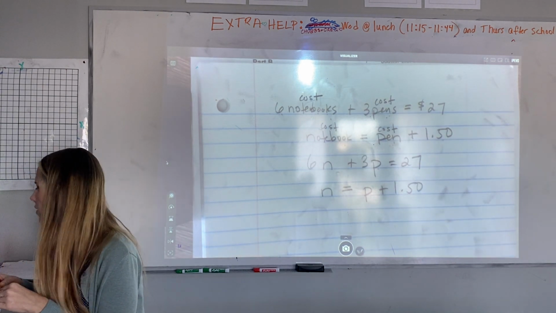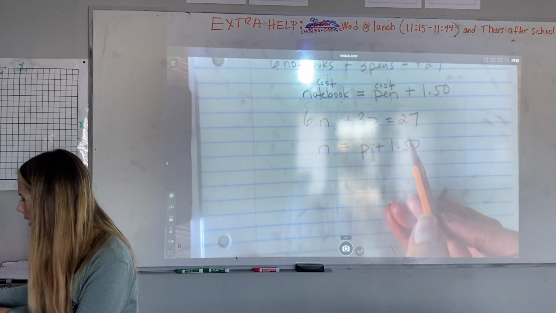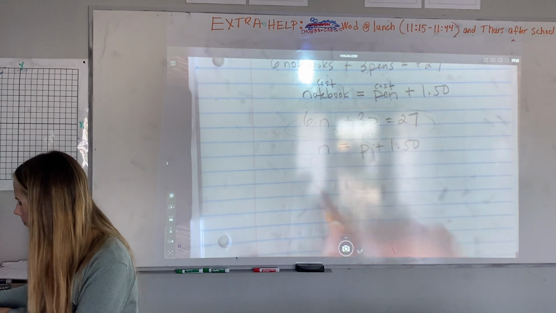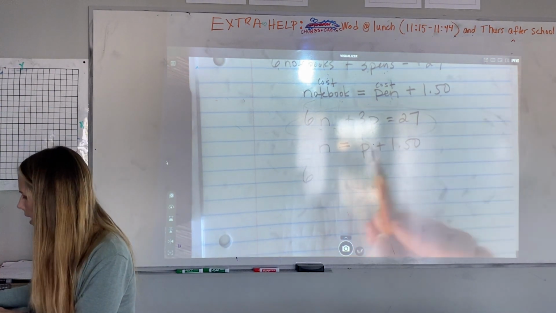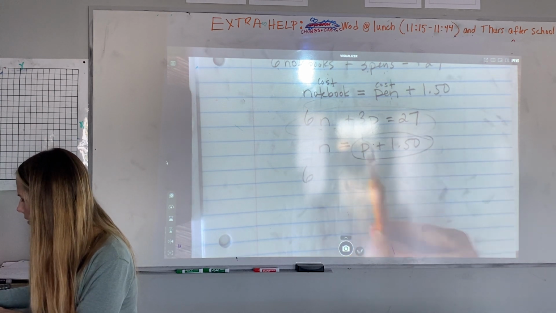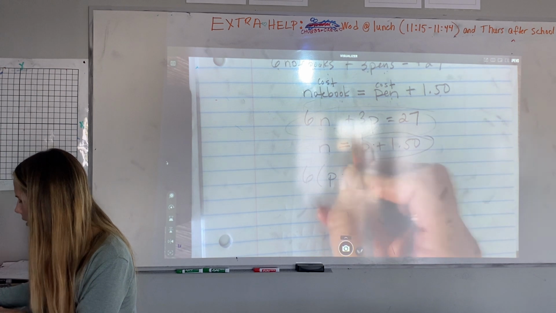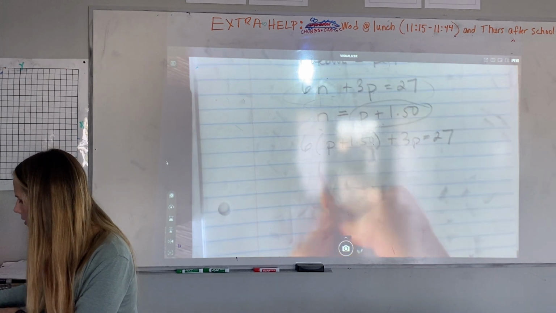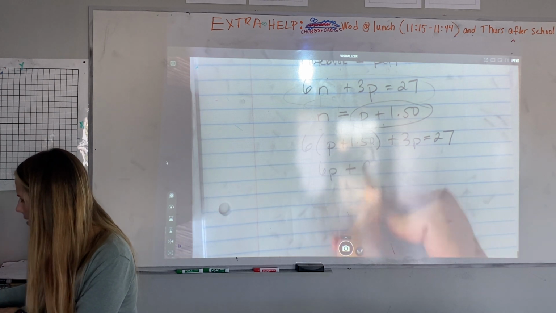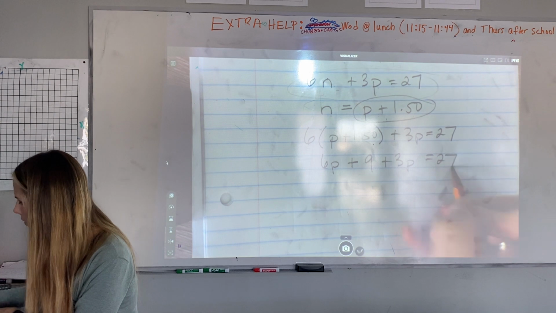Now, which method would we use to solve this? Substitution, very good. We take our first equation, 6N, and N is this. So instead of N, we write 6 times (P plus 1.50) plus 3P equals 27. So we have 6P plus 9 plus 3P equals 27.